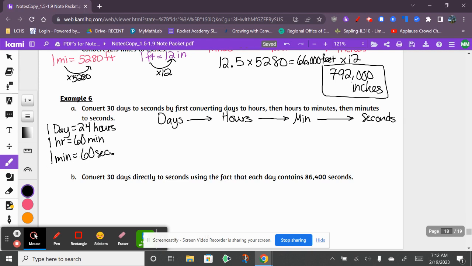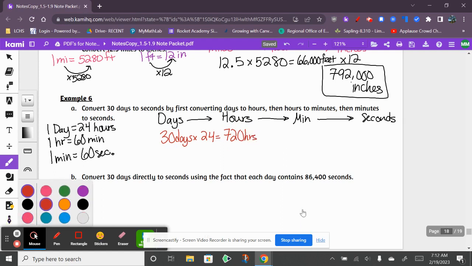Okay, so I'm going to take the 30 days and multiply it by 24 to get the number of hours. I get 720 hours. Next, I'm going to multiply that because I'm going from hours to minutes.